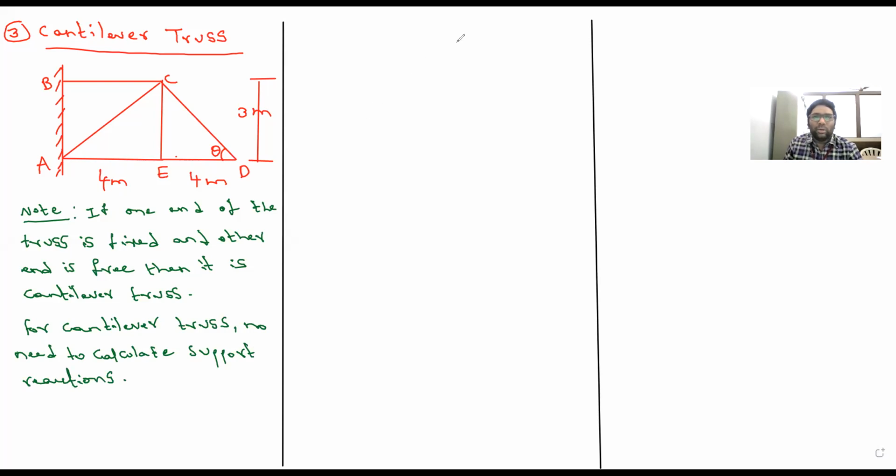And what do we need to do? Directly start from the free joint. Directly start from the free joint.